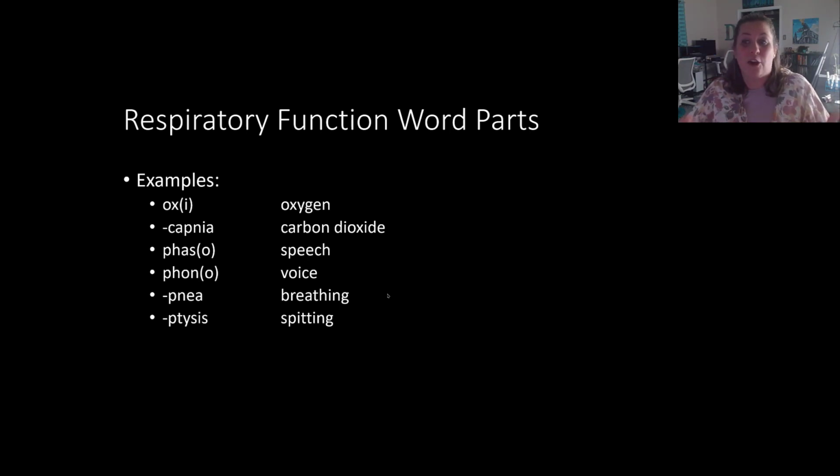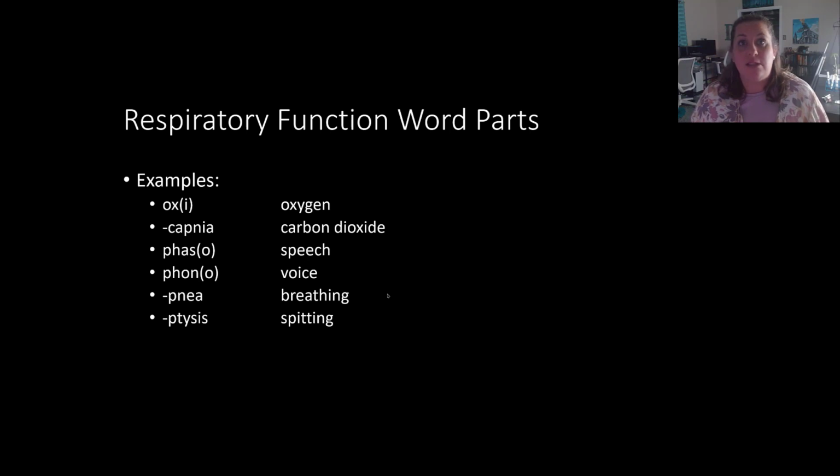Inspire, meaning taking air in or sending air out. And so that's part of that. Going back to the pnea for the breathing, you could put eu in front of it, which means like true or normal. And so that would be like eupnea, which is the normal breathing. However, if you put dys in front of it, you could have dyspnea, which is difficulty breathing.